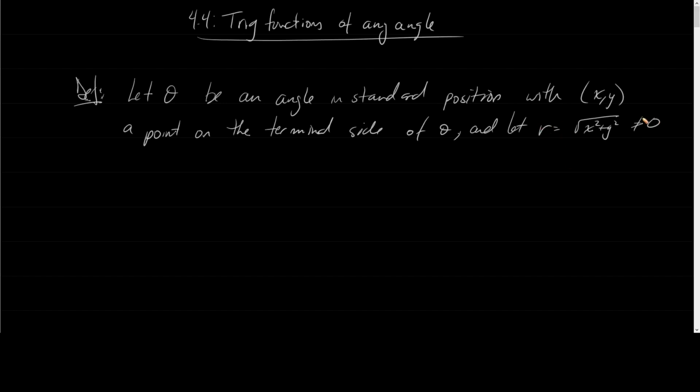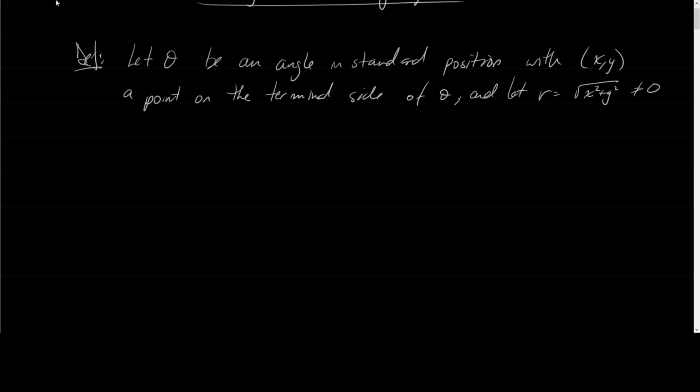So, well, let's get a visual here, and then we'll see what this can give us. If I've got an angle in standard position, what we're saying is the vertex is at the origin, its initial side is on the x-axis, and its terminal side is elsewhere. So for example, let's say here. That's the terminal side.